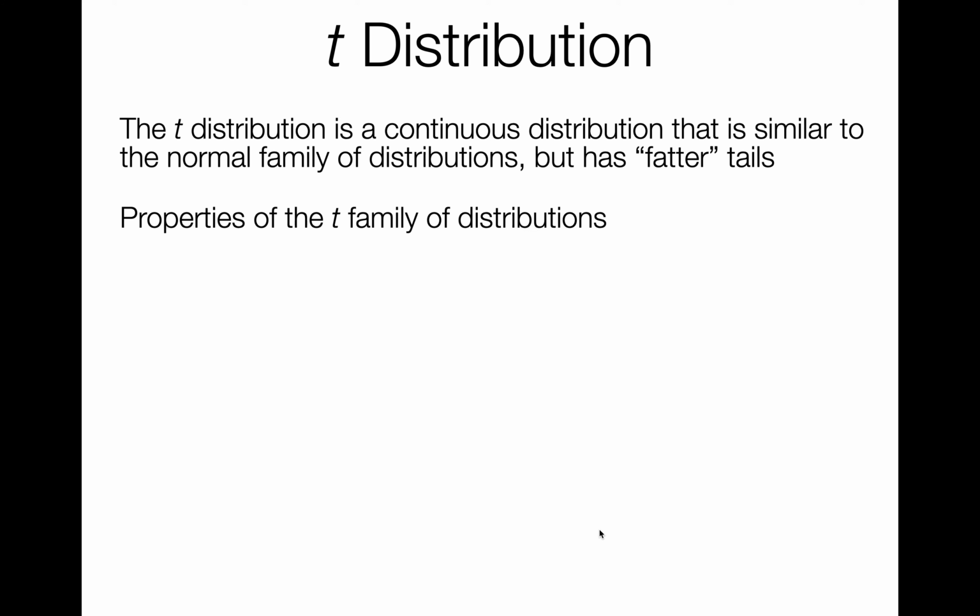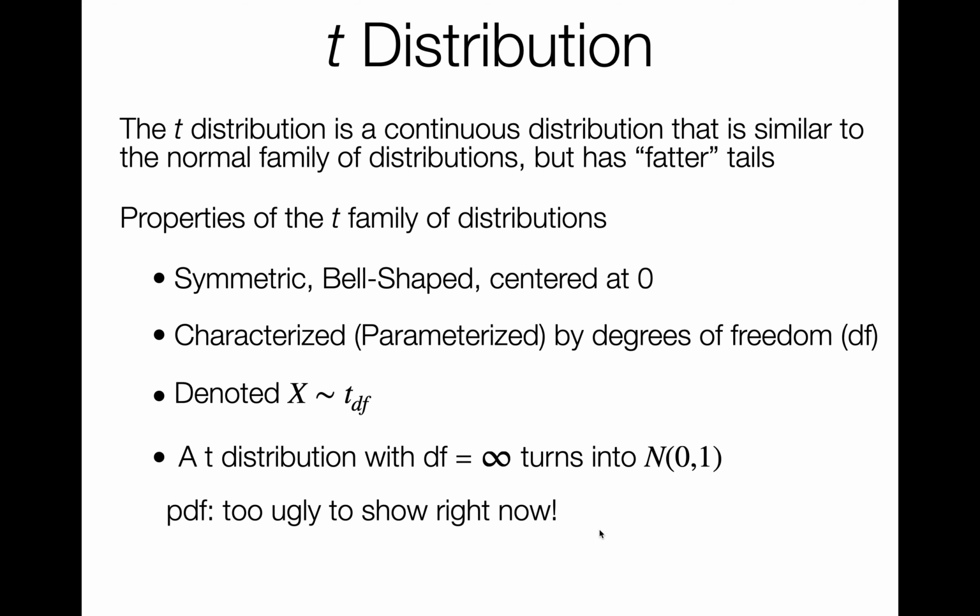The properties of the t family of distributions are this. It's symmetric and bell-shaped, just like the normal. But in addition, it's also always centered at 0. The normal distribution is centered at mu. The t distribution is always centered at 0. It's parameterized not by a mean and a standard deviation anymore, but by something called degrees of freedom, which have been discussed in your readings, and we'll discuss what it means in this context.